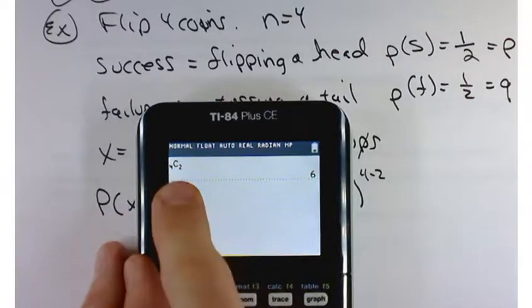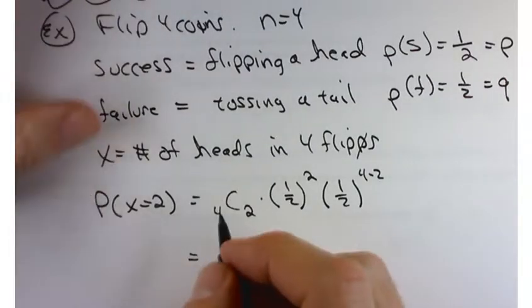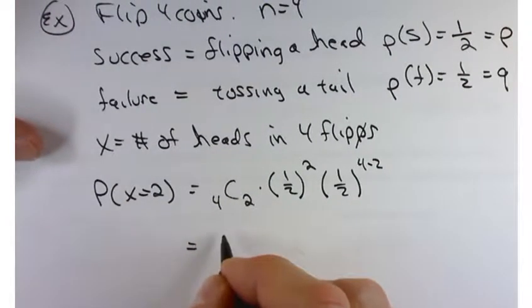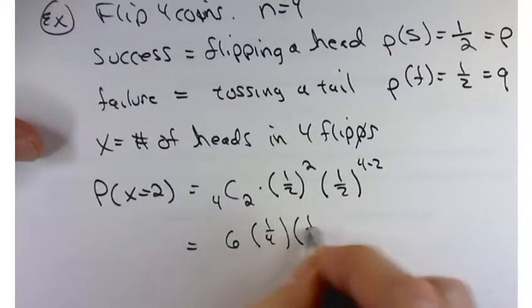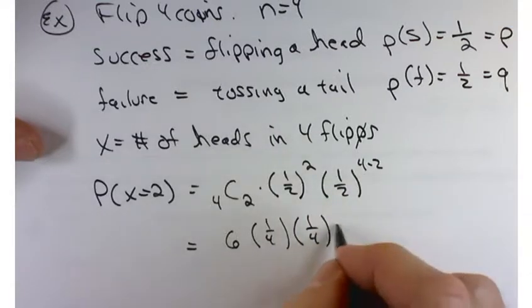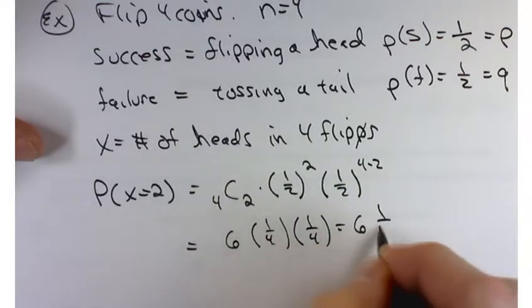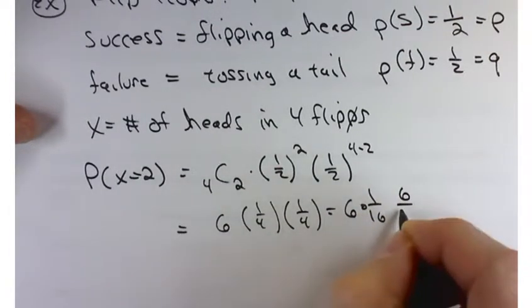There's 6 different ways that this can be done. There's 6 different ways to choose 2 successes out of 4 trials. So it's going to be 6 times 1/4. 1/2 squared is going to be 1/4. 6 times 1/16 is 6/16.